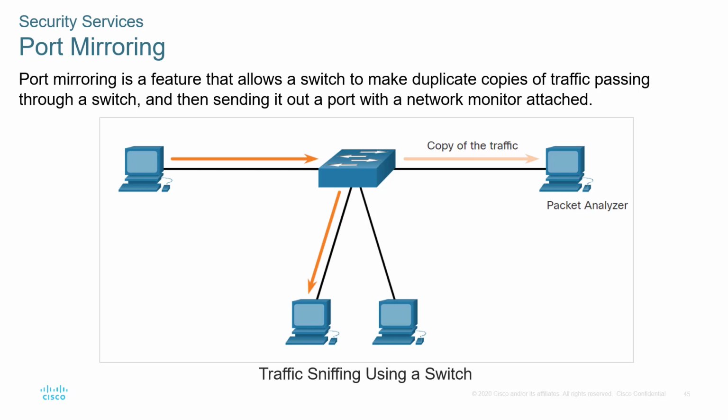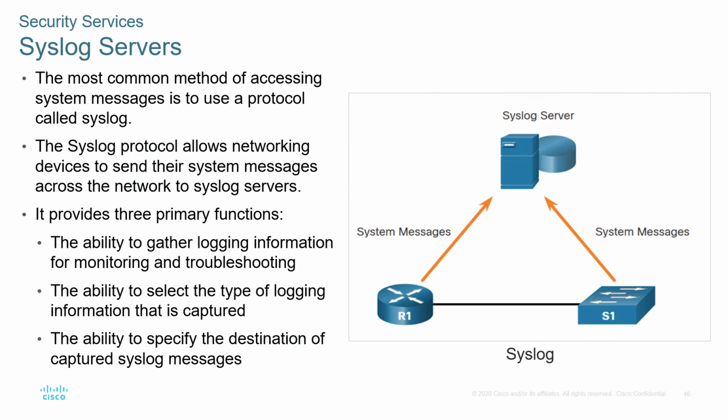As normal traffic goes throughout the network, the SPAN port will listen and clone, or get a copy of, all traffic so that the network analyzer or the packet analyzer can analyze and review all data.